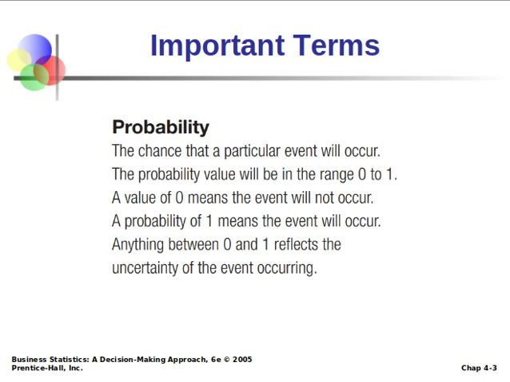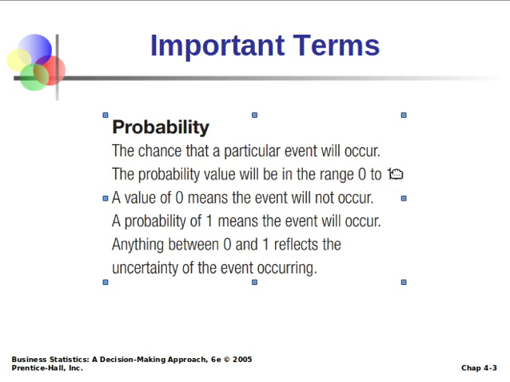So here are important terms in this chapter. Probability. What is probability? Probability is the chance that a particular event will occur. The probability value will be in the range of 0 to 1. 0 to 1 only.